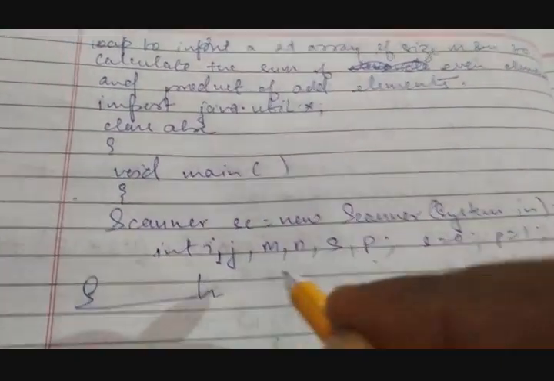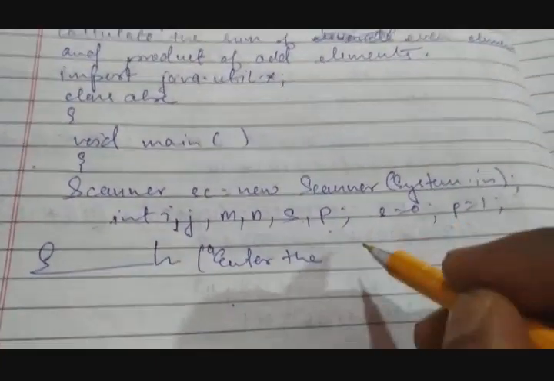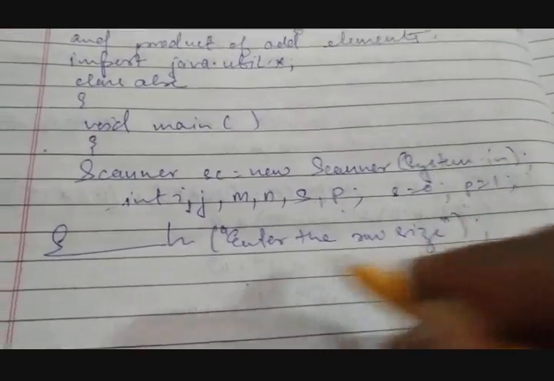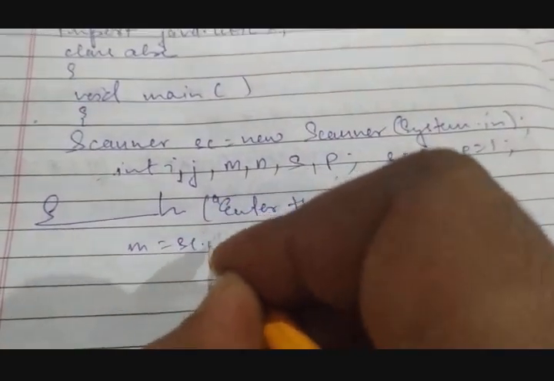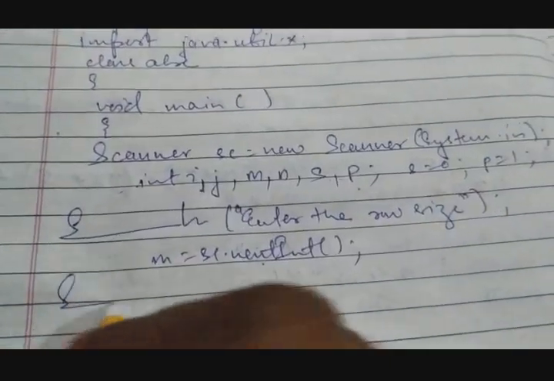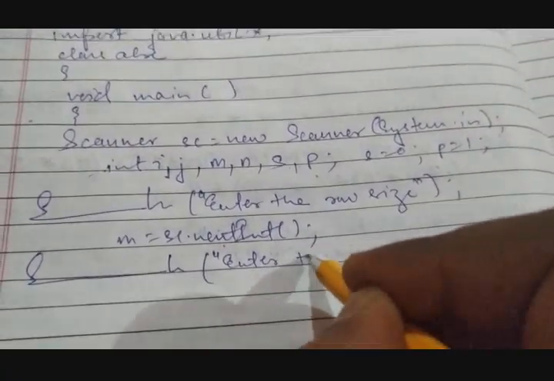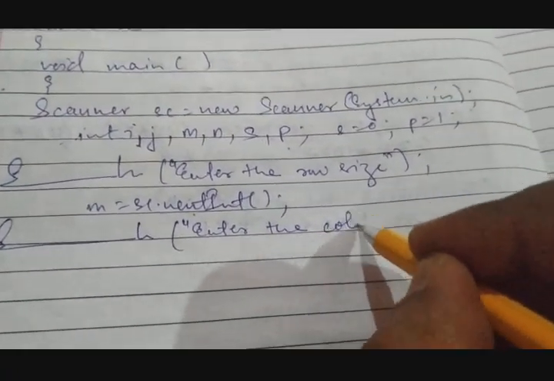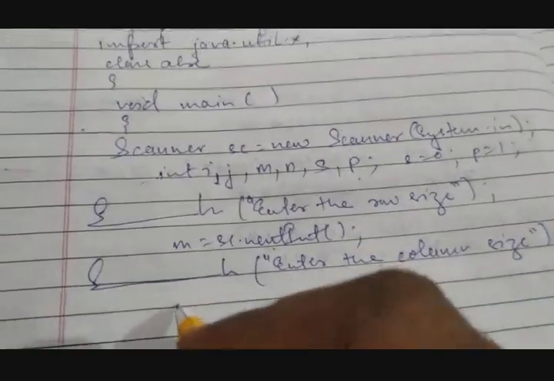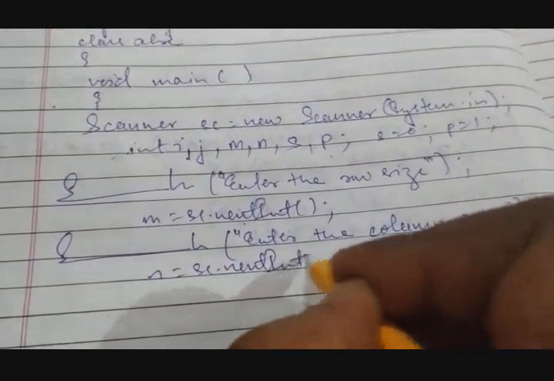Print statement: enter the row size, m equals sc.nextInt method. Print statement: enter the column size, n equals sc.nextInt method.